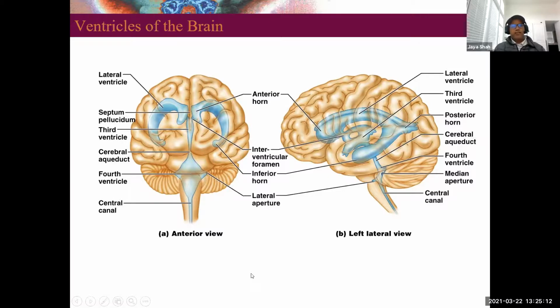So there is a third ventricle, there is a fourth ventricle, but there is no first ventricle or second ventricle. Why not? So here, this is the right hemisphere, this is the left cerebral hemisphere.